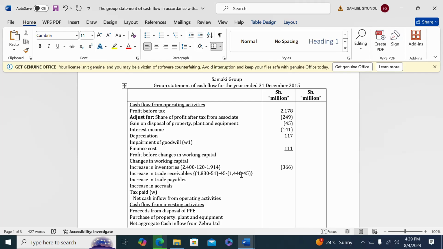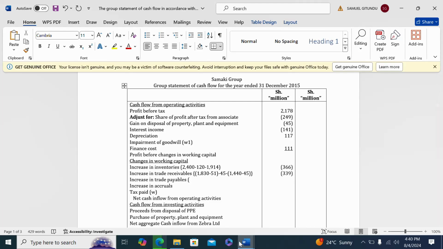So what are we getting? 1830 minus 51 minus 45, minus into bracket 1440 minus 45. I'm getting an increase of 339. So we also deduct 339 million.